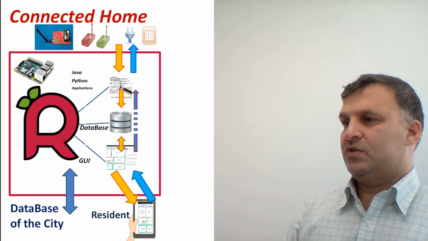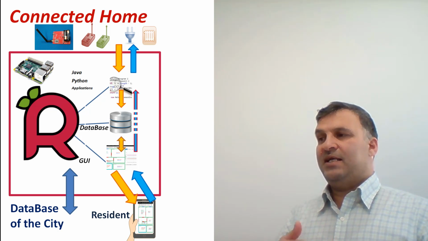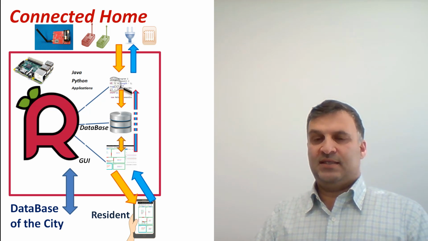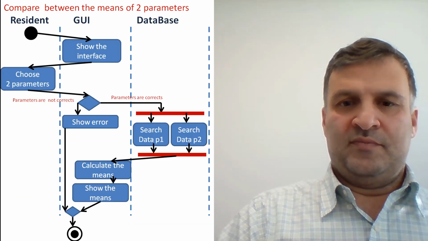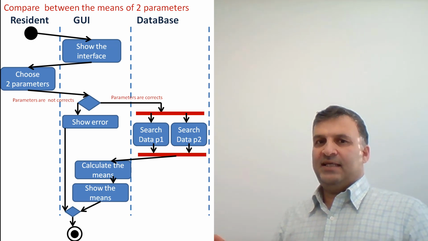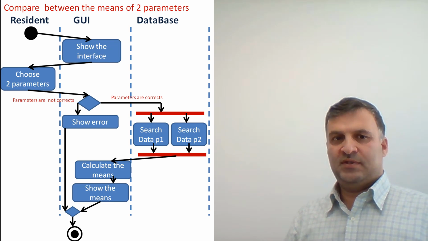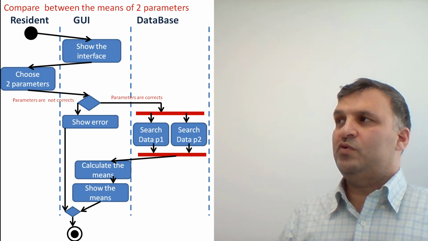For this reason also, we have other programs and applications that enable us to communicate the data to the city, the database of the city. This is an example about activity diagram using these symbols. Compare the means of two parameters.